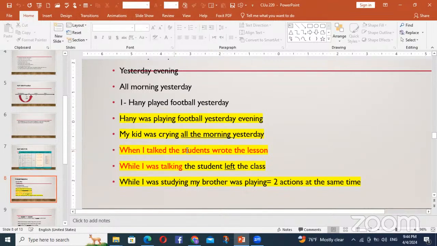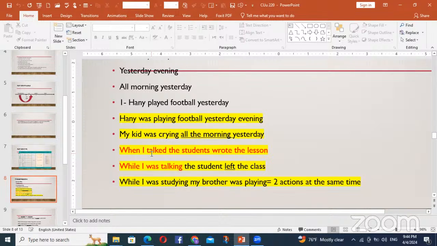I connected two sentences with the time word which is when. In this case, I connected them because the two verbs happen at the same time. I talked, you wrote. And both of them happened and finished in the past, because I put them in the past simple.